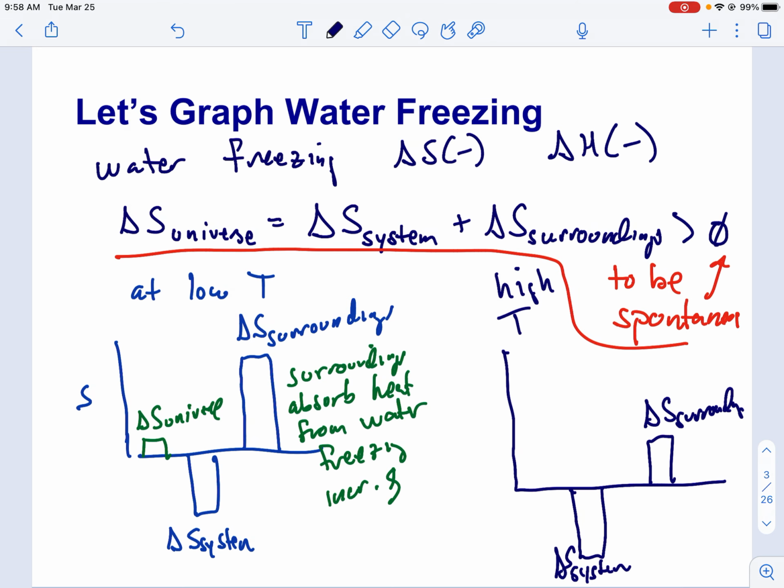And when you put these together at higher temperatures, this has a negative delta S of the universe, so this will be non-spontaneous at higher temperatures, and this will be spontaneous at lower temperatures. So as the temperature changes, it goes from spontaneous to not spontaneous, right? And the point where that happens is the freezing point. All right.